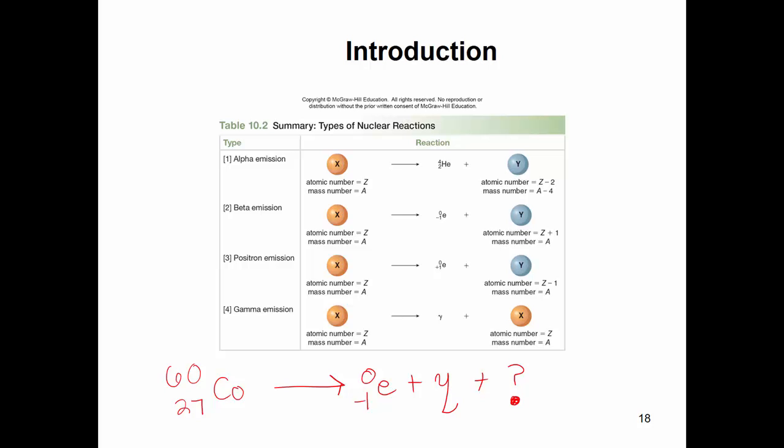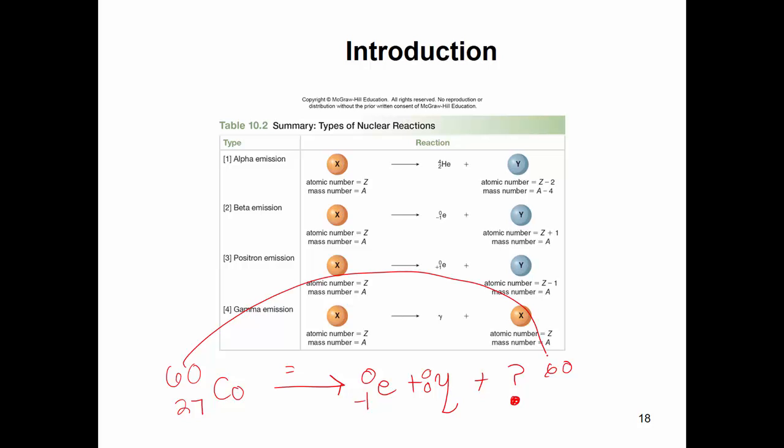I see that I am decaying cobalt here, so the atomic number of 27 goes with cobalt. And I have a beta and a gamma emission. I know gamma is 0, so I see I have 0 and 0. So my mass number has to be 60 in order to equal 60 over here.